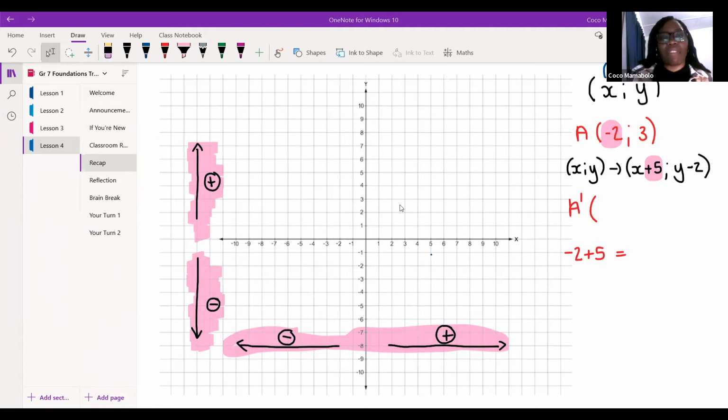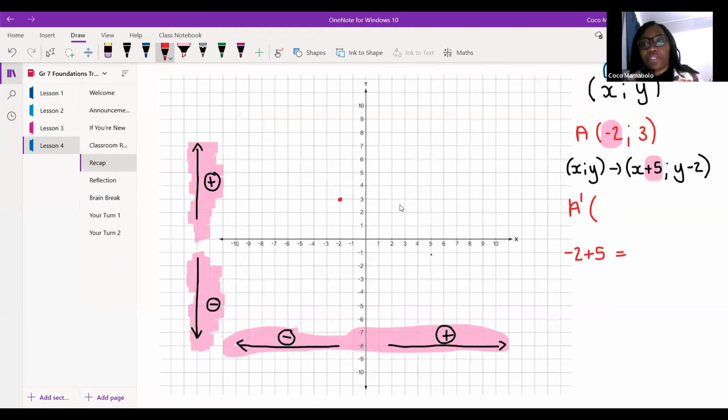All right, guys, if you're a bit stuck with integers, here's the nice thing: you can actually use your X line and your Y line. Here's what we're going to do. We're going to find A. I know that my A is over here.